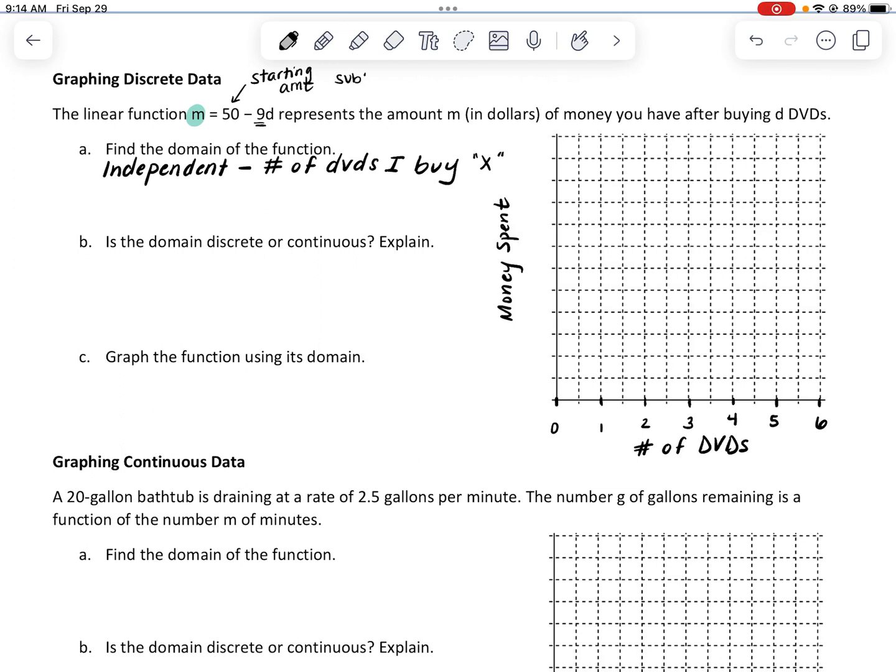And I'm subtracting $9 per DVD. So I'm going to just count by fives. So 5, 10, 15, 20, 25, 30, 40, 45, 50, up to $60.